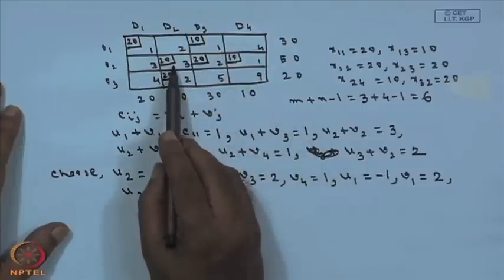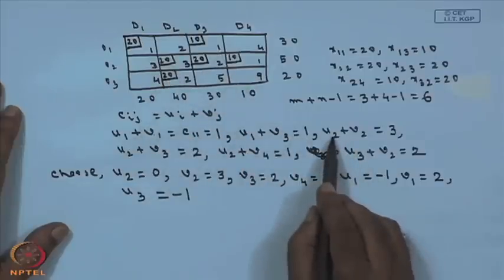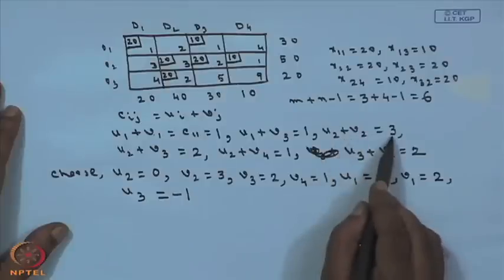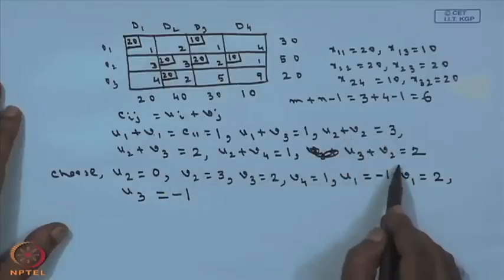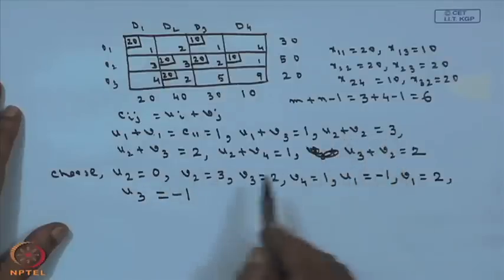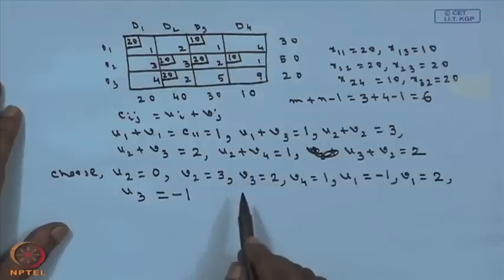Next occupied cell is 2 2. So, you write u2 plus V2 equals 3, and you go on like this. Then you have to choose arbitrarily one of the values of ui or Vj as 0.